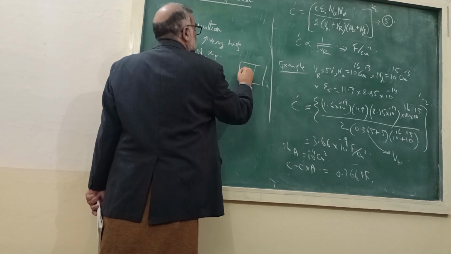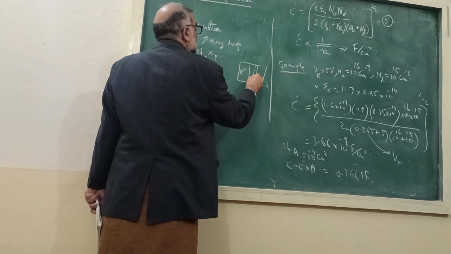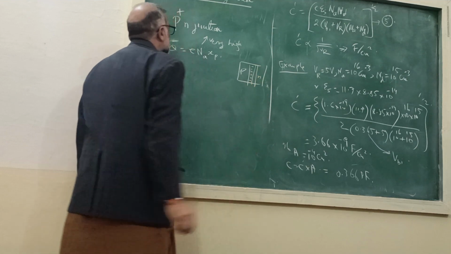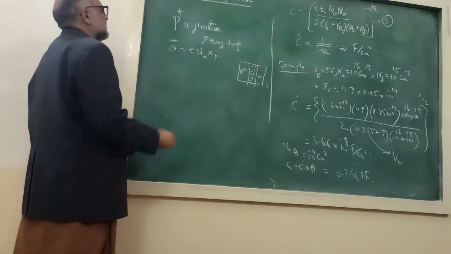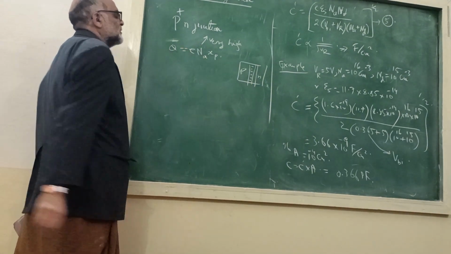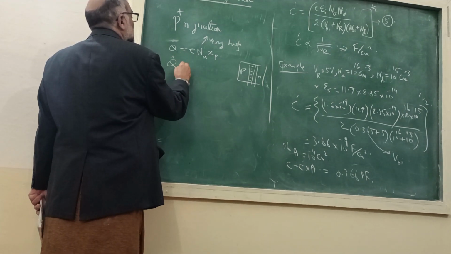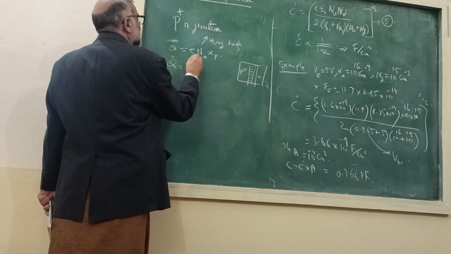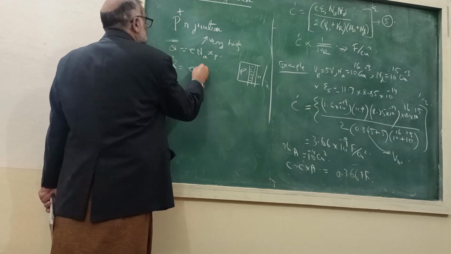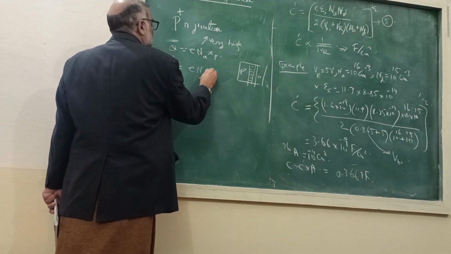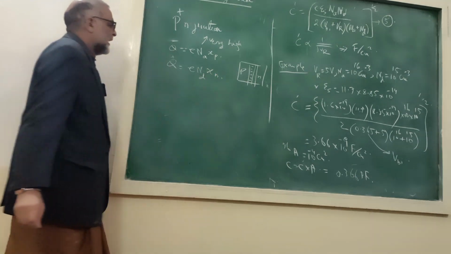That is P and that is N, so electrons will come here. You can put a minus sign here if you want. And Q positive will be E N D and X N.